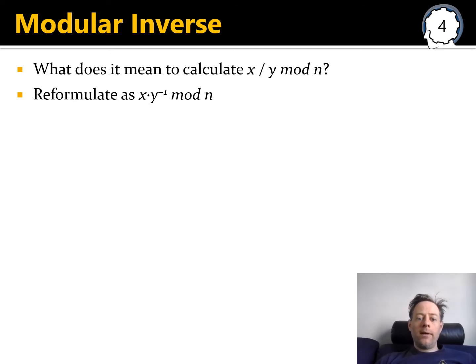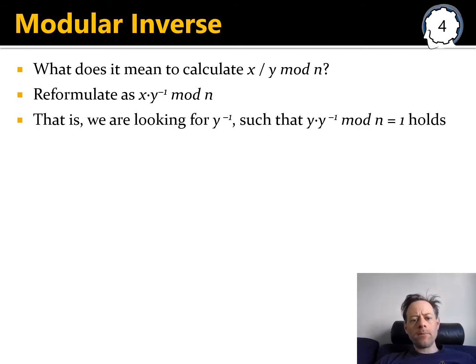So what we're doing here is to take x multiplied by the y inverse modulo n. And this means that what we're looking for is a y inverse such that y multiplied by y inverse modulo n equals 1. That's the definition of an inverse.